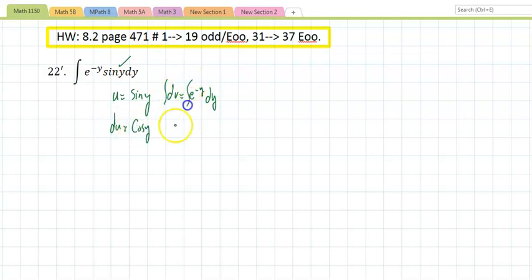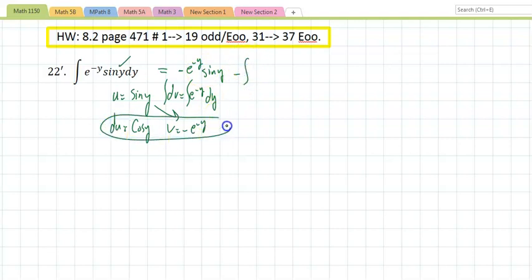And if I integrate, v will be negative e to the negative y, and this is going to equal u times v minus the integral of v du. So that's a negative becomes a positive, e to the negative y cosine of y.